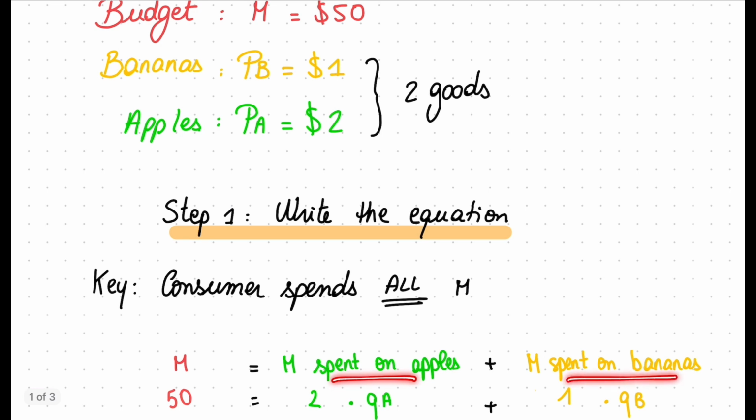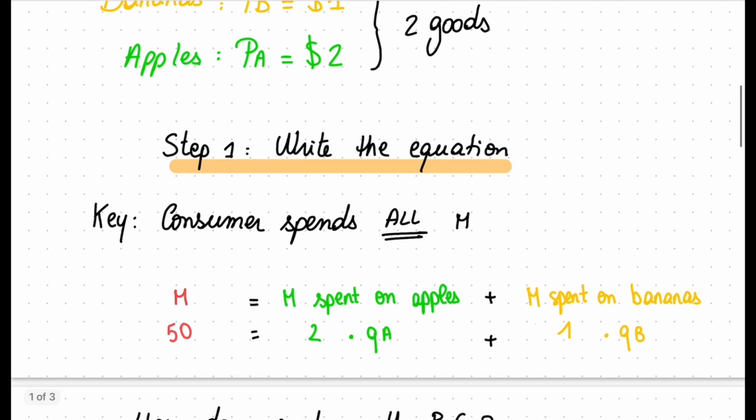So in this case, we'll have 50 equals 2, which is the price of an apple, times the quantity of apples, so QA, plus 1, which is the price of one banana, times the quantity of bananas, which is QB. So we get 50 equals 2QA plus 1QB.